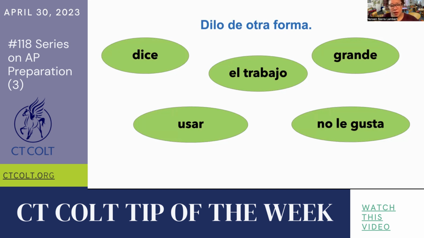There's so many different ways of saying dice. El artículo menciona, el artículo resalta, la fuente auditiva recalca, apoya. There's so many different ways to introduce those ideas that is not dice, dice, dice over and over. And also with no le gusta, how about saying no está de acuerdo con? That's a little bit more sophisticated than no le gusta.